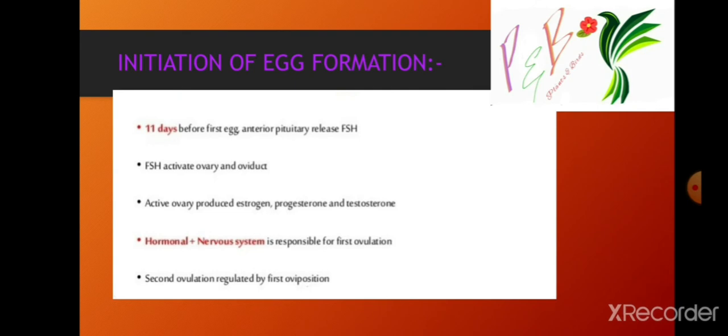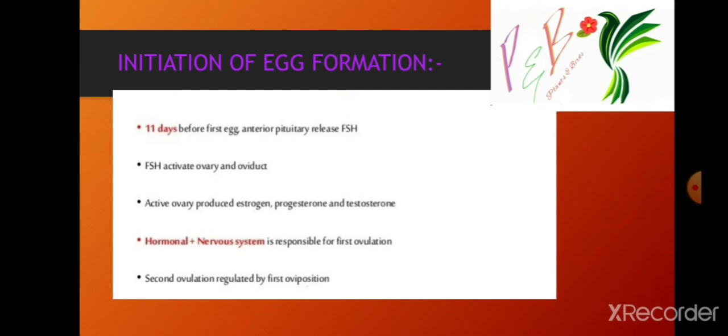And next, initiation of egg formation. Eleven days before the first egg, the anterior pituitary releases FSH, follicle stimulating hormone. It must be remembered, it is 11 days before the egg is laid.